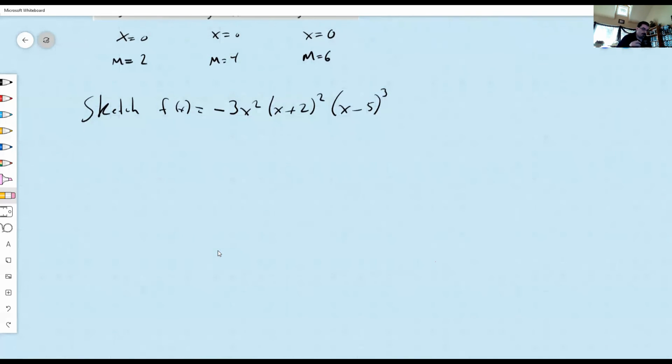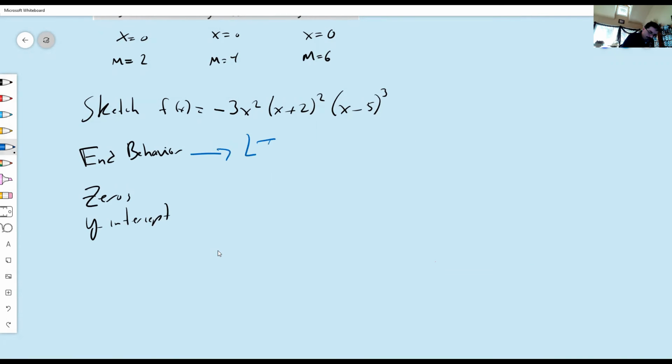All right. Now it's time to sketch a graph, put this all together. So we're looking at end behavior, zeros, and we'll go ahead and look at the y-intercept. For end behavior, we need the lead term. So we're going to have minus 3x squared.